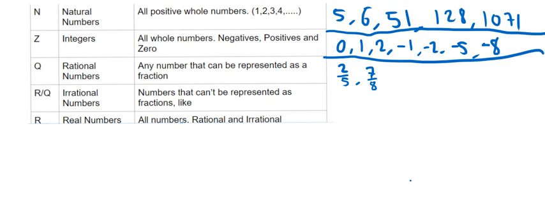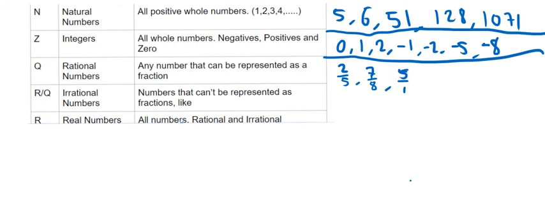It's important to understand as well that all of the natural numbers and all of the integers are rational numbers as well, because if I took something like 5, 5 could be represented as 5 over 1, which is a fraction. It's the same with any whole number, because you can always put it over 1, and the same with the negatives. You could have -2 over 1. So all of those are rational numbers as well.